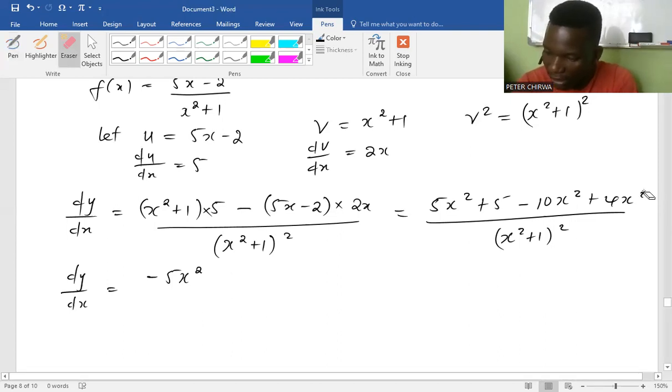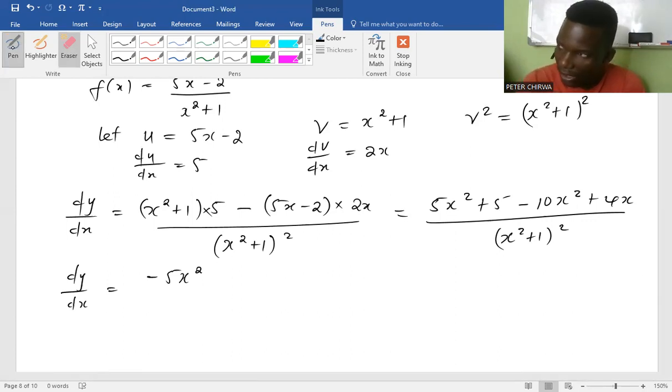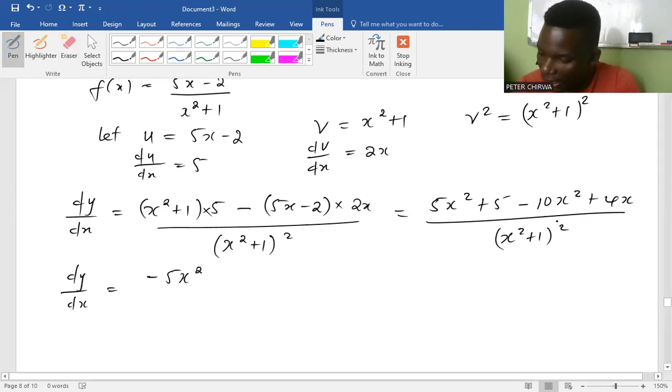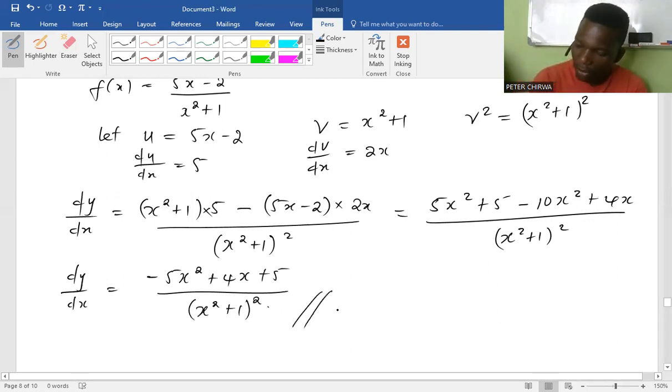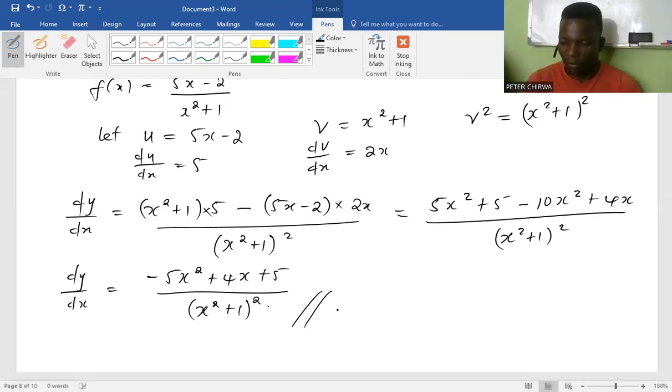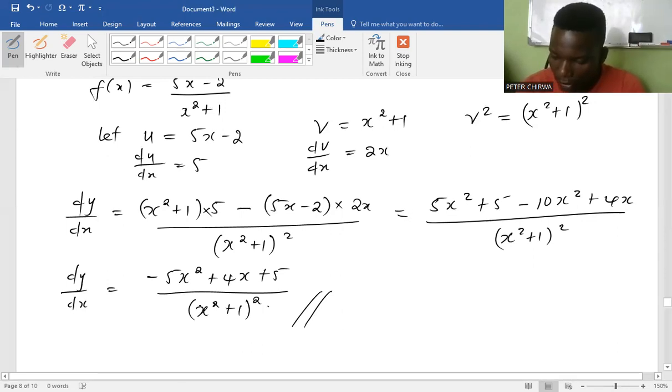So we are just going to have minus 5x squared plus 5 over x squared plus 1, to the power 2. So you can leave it like that, or can it be differentiated further? Okay, you can leave it in that state.